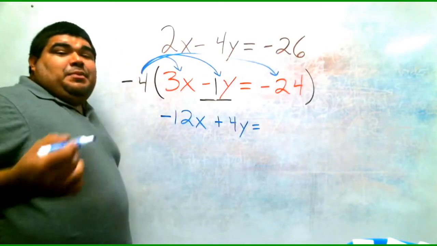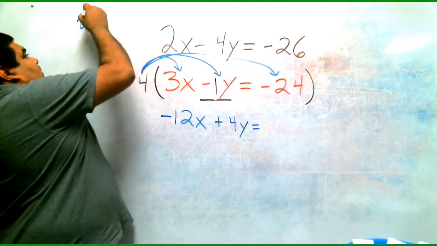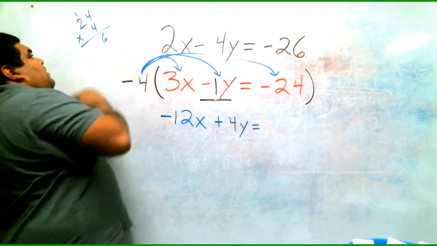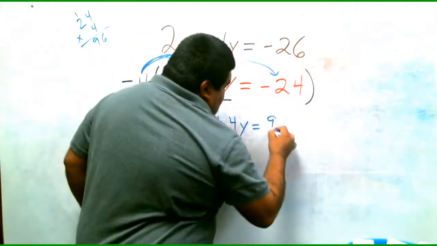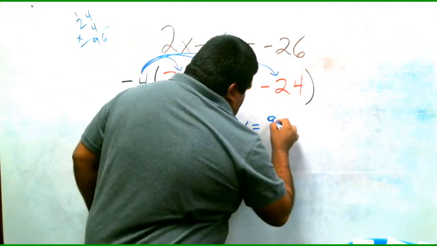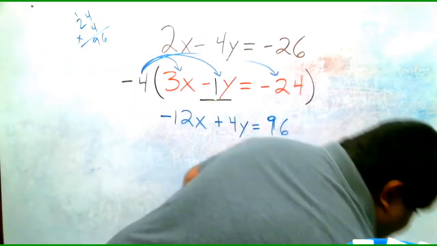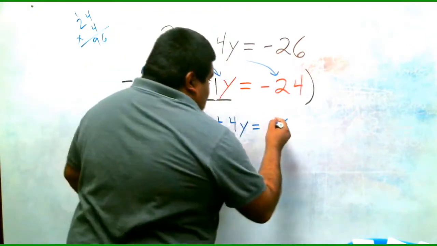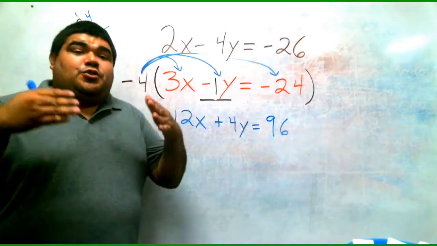Negative and negative makes it positive. 24 times 4, we have 16, 8, 96. So we have 96. Okay? I didn't like that 9, let me erase it really quick. 96. Okay, that's our new equation.